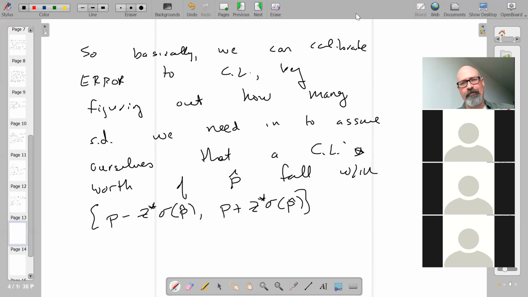I don't know if that type of formalism makes sense, but just to reiterate, p hat's distribution is normal, so a discussion of the confidence level is the same as a discussion of standard deviations away from p.